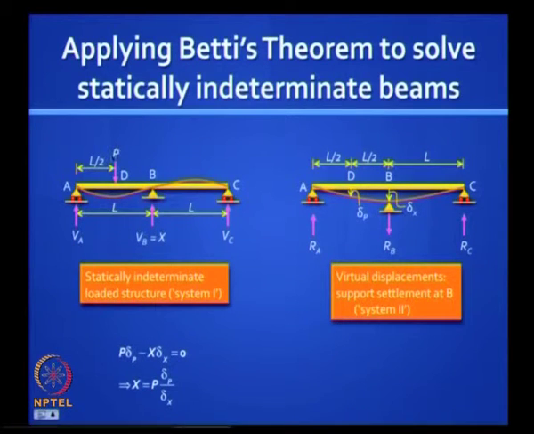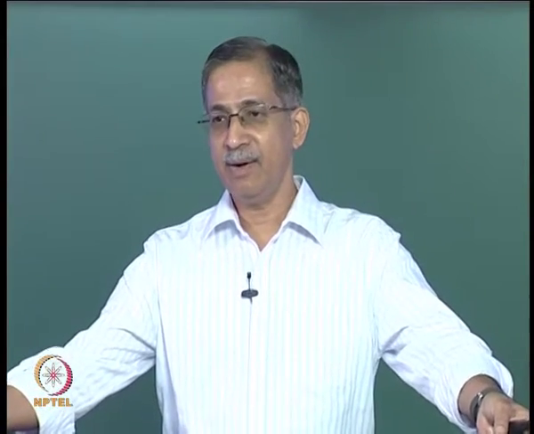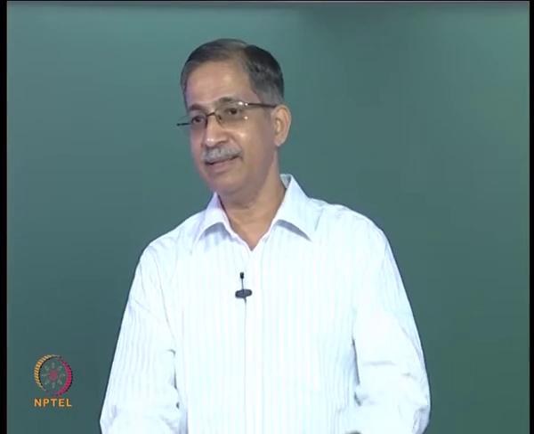That is a fraction of P that is passed on as a reaction in the middle support. And actually in the early days they did measurements to prove it. Actually you can do this physically on a beam and measure the deflection, and that is your reaction.